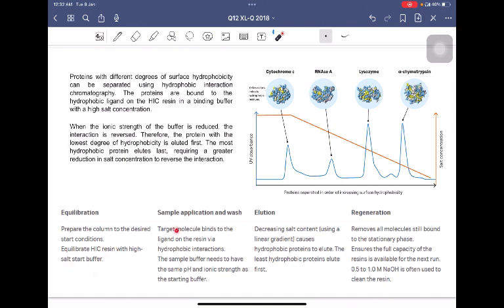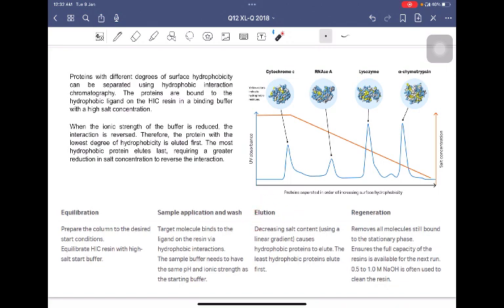Then we pass the protein sample through it. The target molecule binds to the ligand on the resin via hydrophobic interactions. The sample buffer needs to have the same pH and ionic strength as the starting buffer. So we know the protein sample should be in the starting buffer.